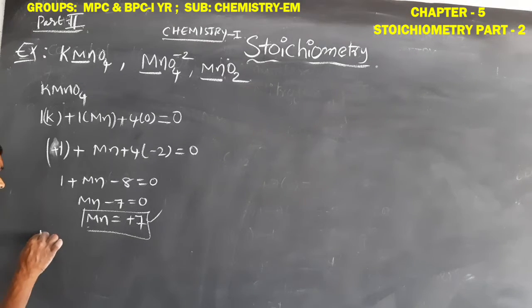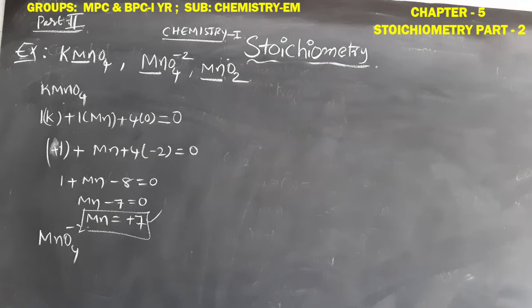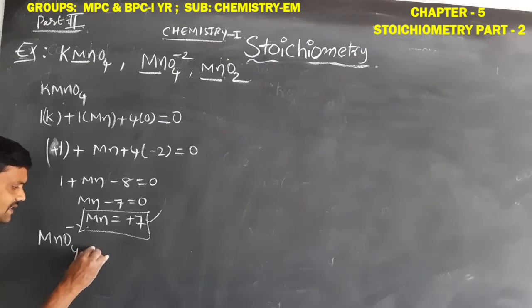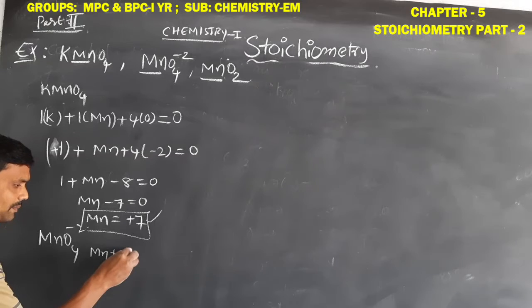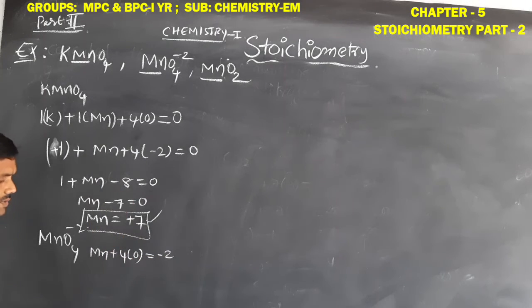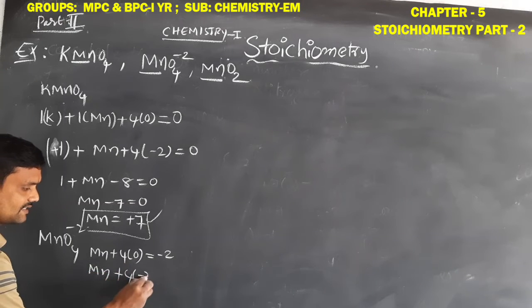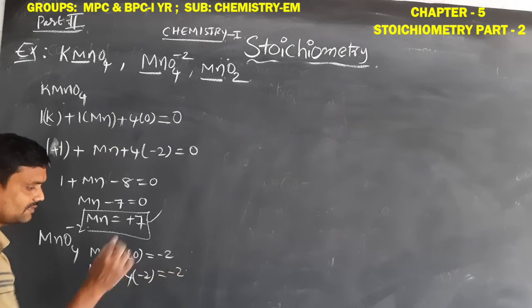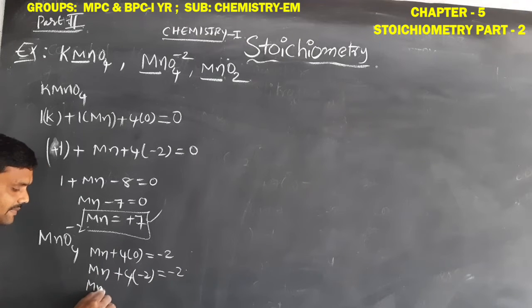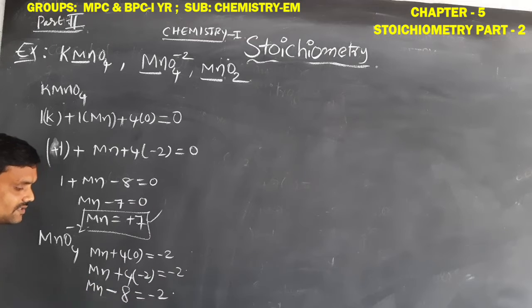Let us solve another example, that is MnO4 minus 2. Here same process, 1 Mn plus 4 oxygens is equal to how much charge is present? Minus 2. So Mn plus 4 oxygen is minus 2 is equal to minus 2. So Mn, 4 into minus 2 is minus 8, is equal to minus 2.